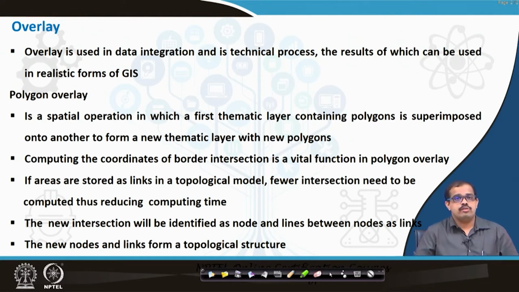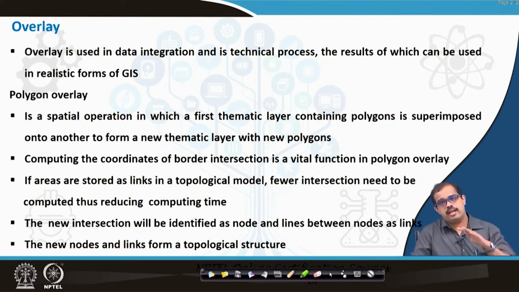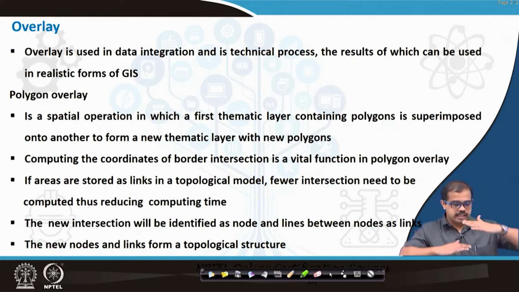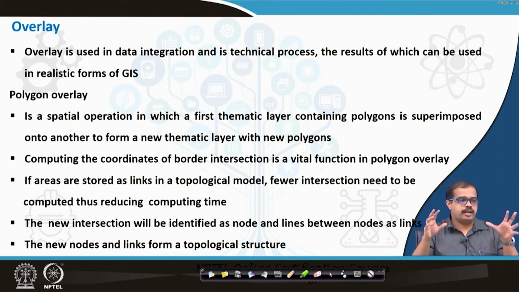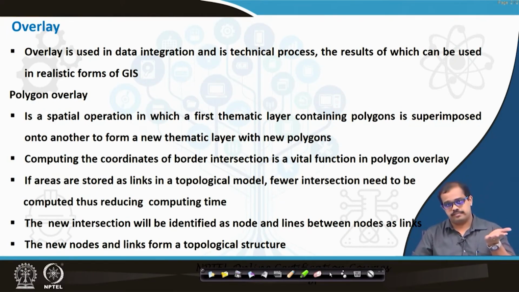When you are looking at this, let us say I have a thematic layer containing polygons that is superimposed on another thematic layer which again has a number of polygons. Let us say I am trying to analyze the urban situation or urban floods. I have a thematic layer where I have digitized all the buildings.